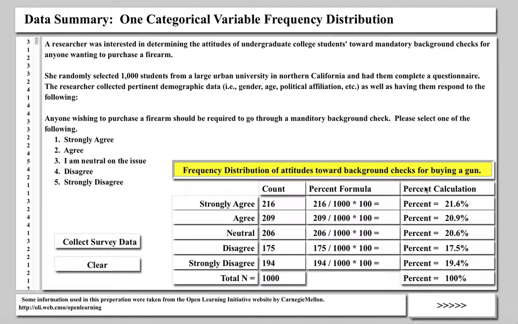So we have 21.6% of the people strongly agree, 20.9% agree, 20.6% were neutral, 17.5% disagreed, and 19.4% strongly disagreed.